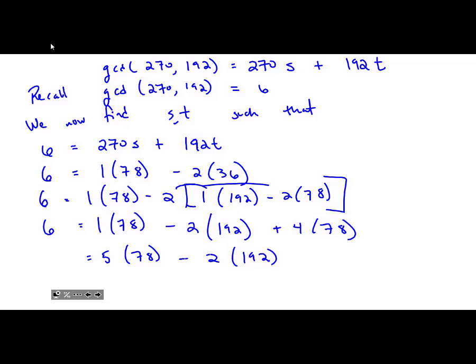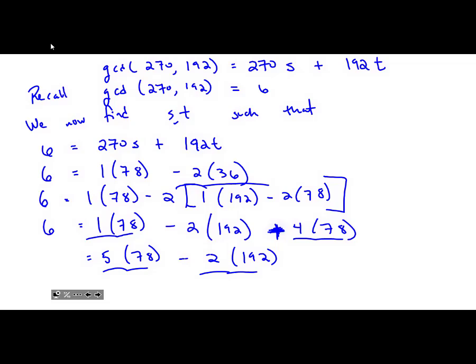Okay, sorry, that needs to be a plus right here. The minus 2 times that minus 2 is a plus. Okay. So what do we have? I have 1 copy of 78, 4 copies of 78, so 5 copies of 78, minus 2 copies of 192.